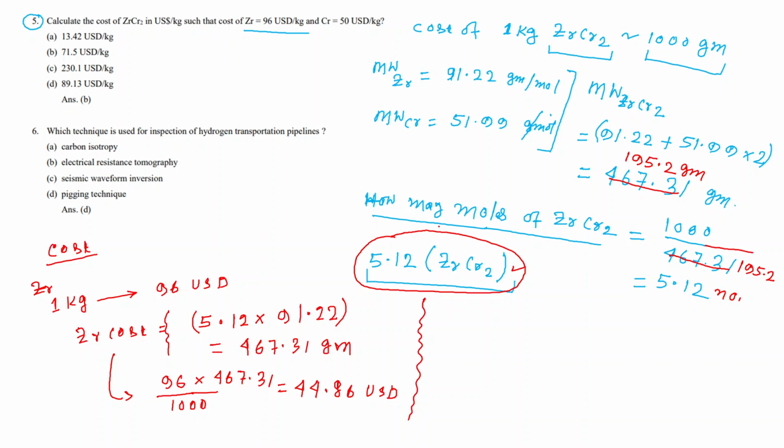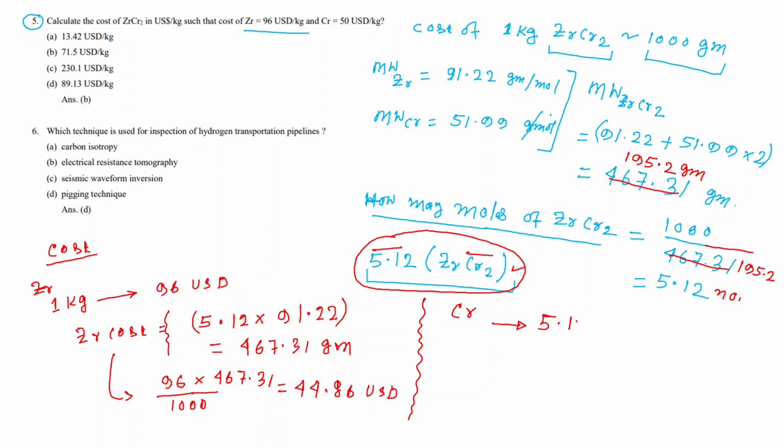And next is the Cr, chromium. For chromium, the total gram of chromium required to make 5.12 mole ZrCr2: 5.12 mole Cr2.